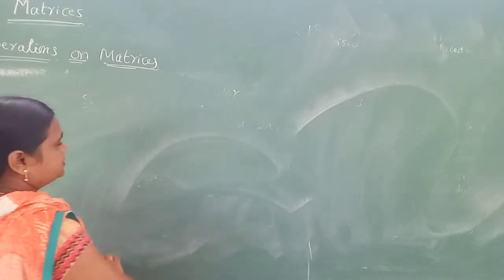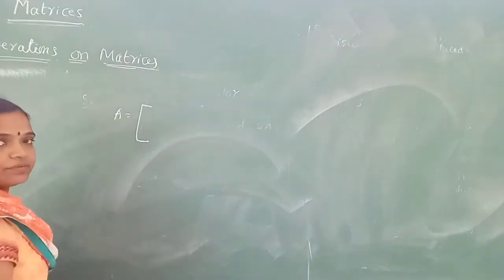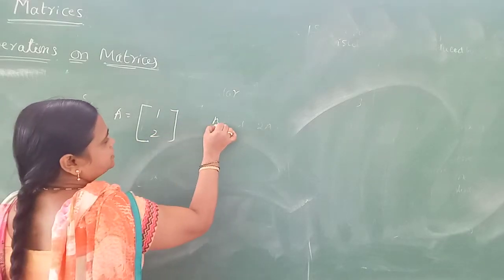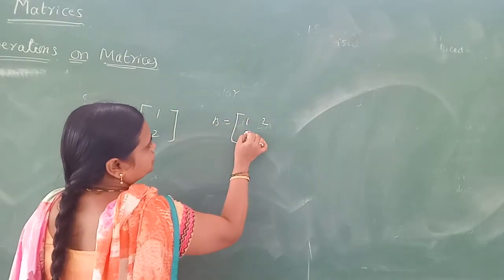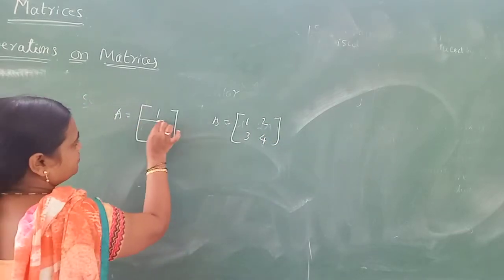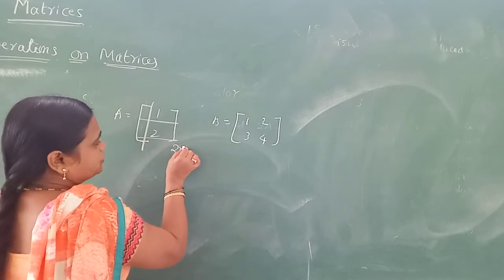Next, see the matrix A if I consider 1, 2, and matrix B if I consider 1, 2, 3, 4. Matrix A: how many rows? 2 rows. How many columns? Only 1 column. 2 into 1.